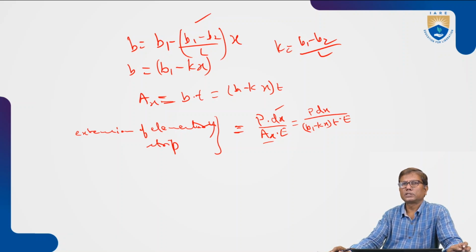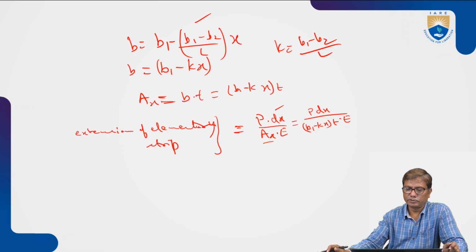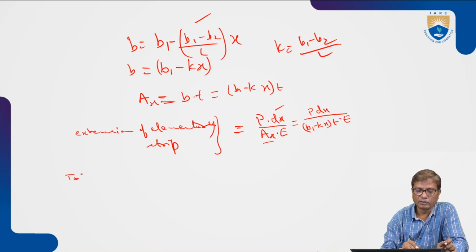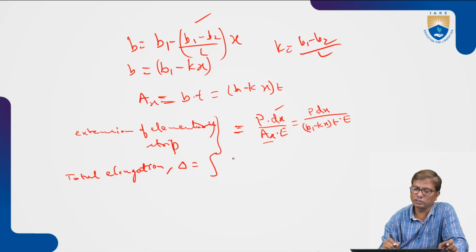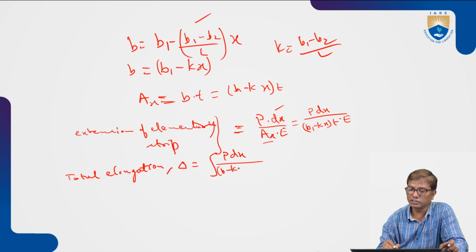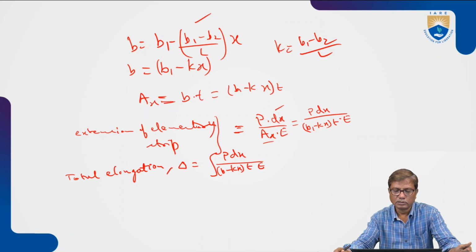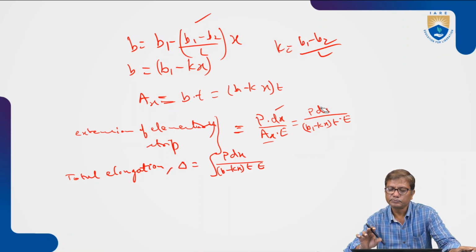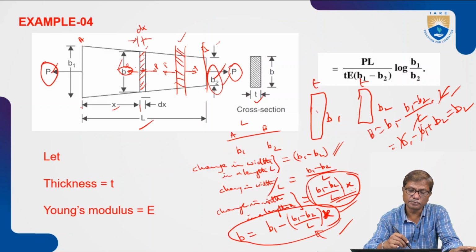And how will you get the total elongation of the bar, tapering bar? Total elongation delta is equal to the integral of p dx by b1 minus kx into t, because this is the elongation of the elementary strip.